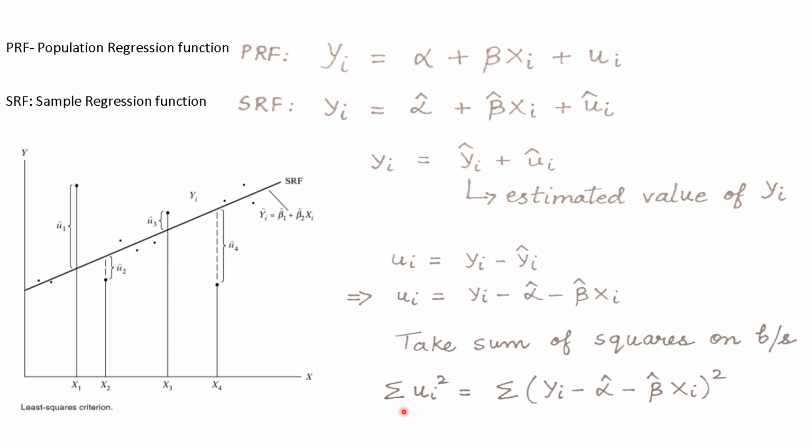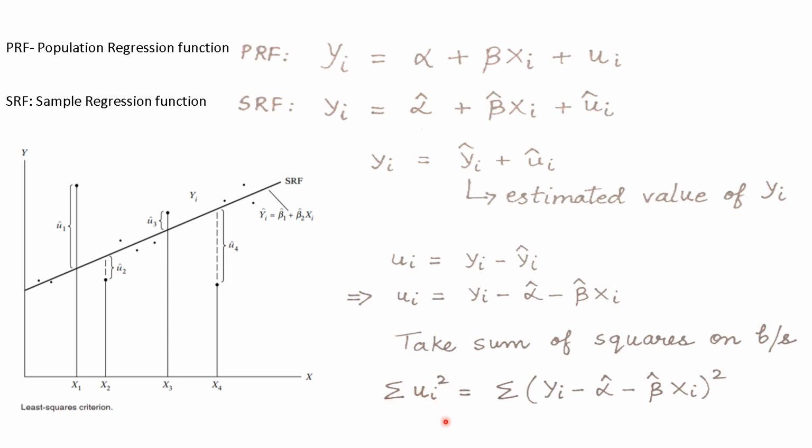We are just taking the sum of squares of these residuals, right? So up to here it is clear. We are just putting this value here and we have squared it up and then taken the sum. So here we are applying the least square criteria, in which we are going to minimize this function, this sum of squared residuals.